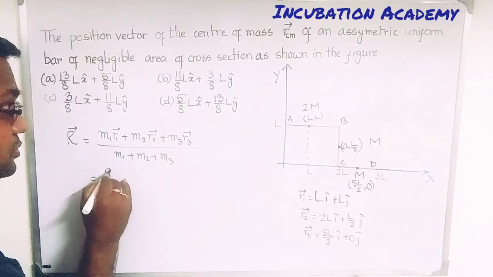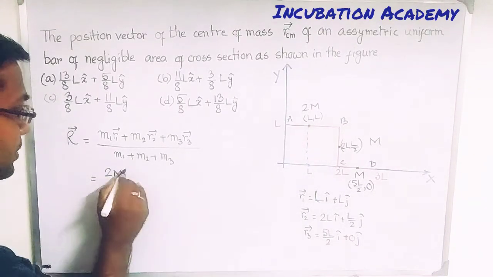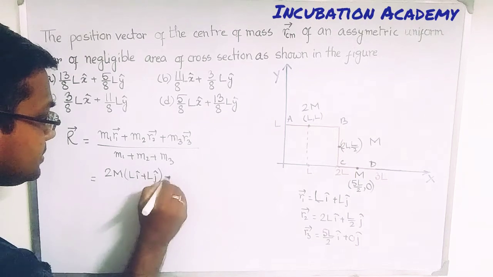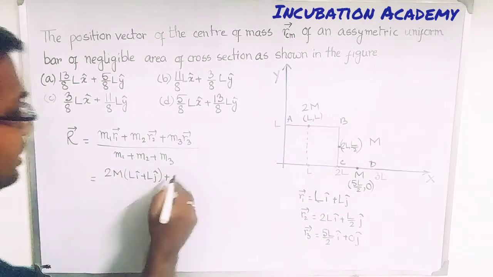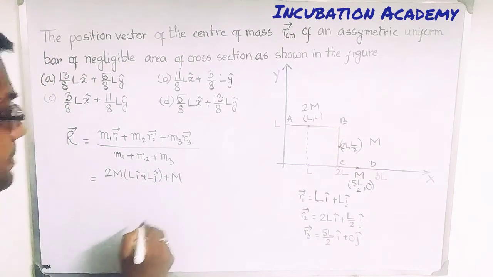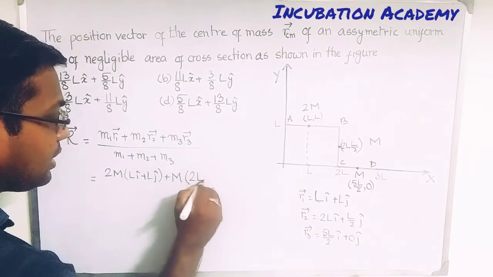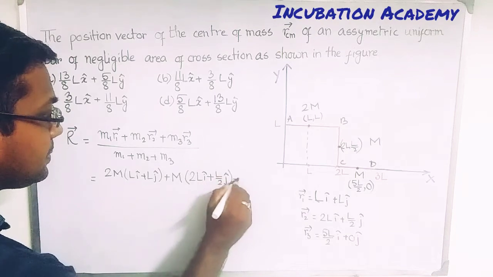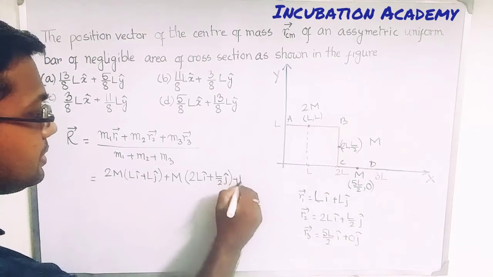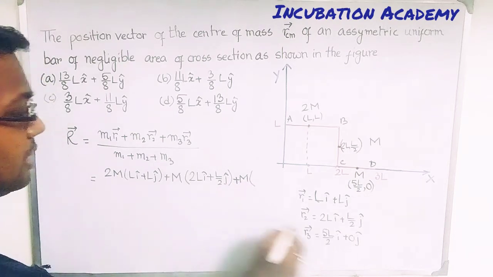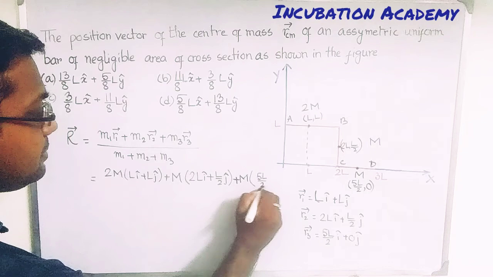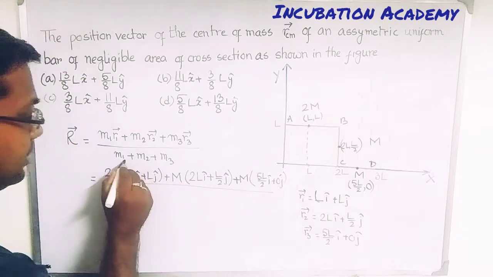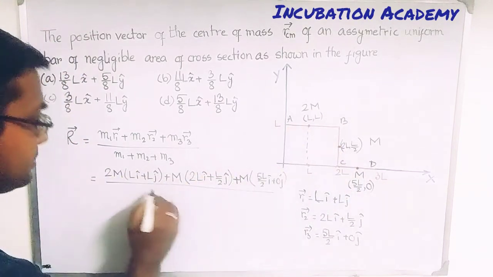So M1 is 2m, R1 vector is L i cap plus L j cap, M2, that is the BC portion, the mass is m, and the R2 vector is 2L i cap plus L by 2 j cap, M3 is m, R3 is 5L divided by 2 i cap plus 0 j cap, divided by M1 plus M2 plus M3, that is 2m plus m plus m.